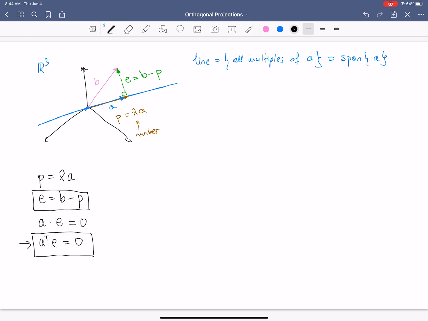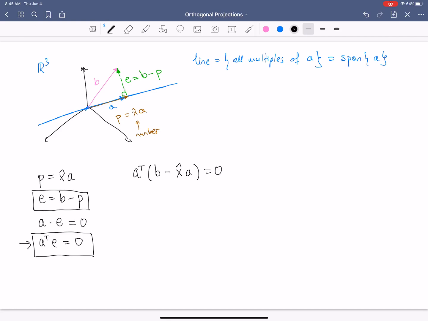Putting these two things together, instead of E I'm going to have B minus, and instead of P, x hat A, so A transpose times (B minus x hat A) equals 0. Now, A and B are known things. We start with a vector B, we're trying to project onto a line that contains the vector A. So you take A and B as known quantities, and the goal is to find x.